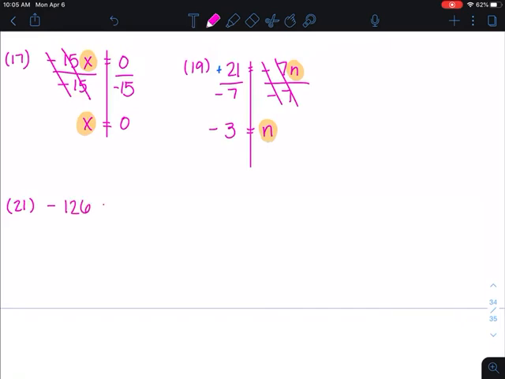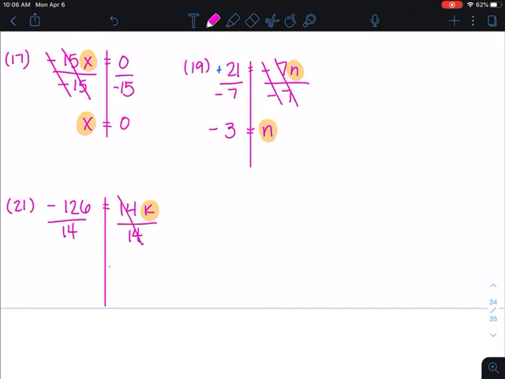Number 21, I have negative 126 is equal to 14k. So our variable is the letter k. Variable represents an unknown number. We're trying to figure out what k would be. So currently 14 is being multiplied by k.